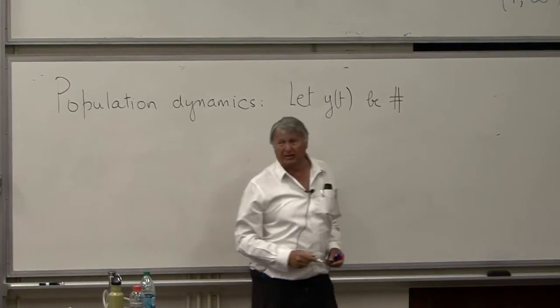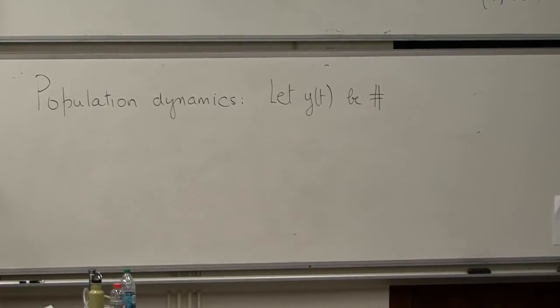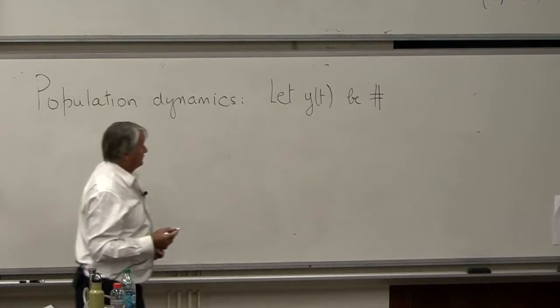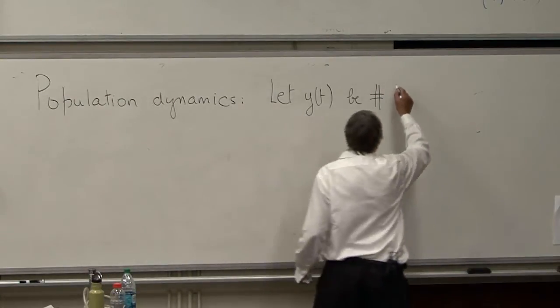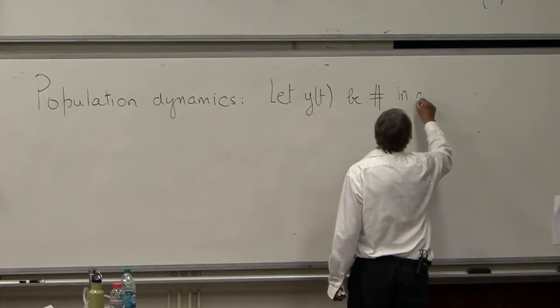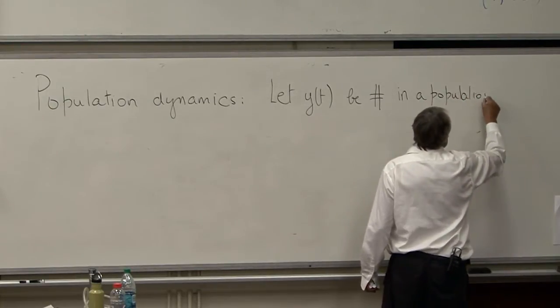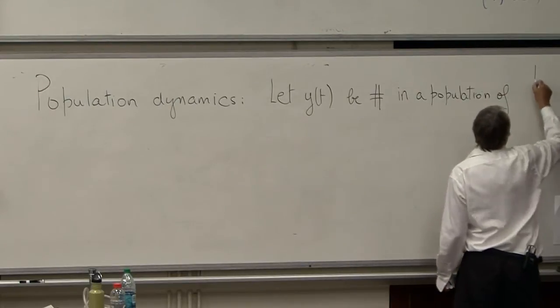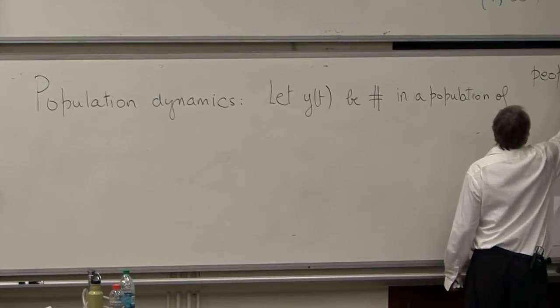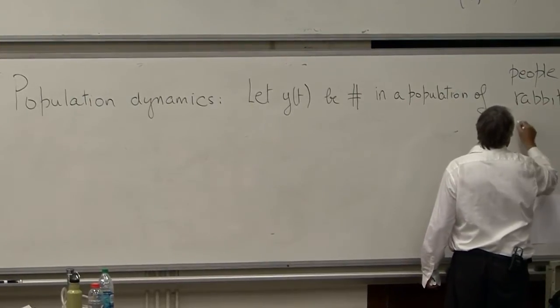It could be measured in singles or units of 1,000 or units of 1,000,000. It depends on what numbers we have. Be the number in a population of, we're going to look at different cases, people, rabbits, and deer.